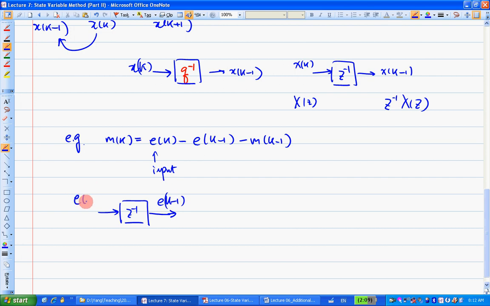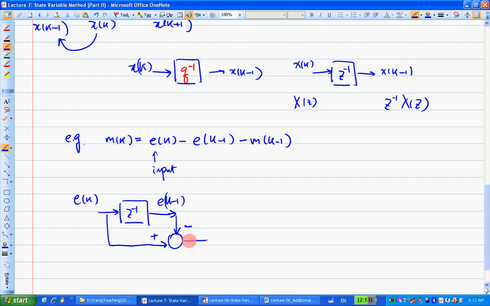What this difference equation tells us is it's e of k minus e of k minus 1. So you can have a junction here, with both of them feeding into this addition point. But it's this minus this, so it's going to be a negative here and a positive here.